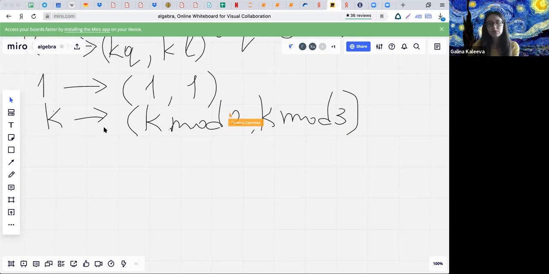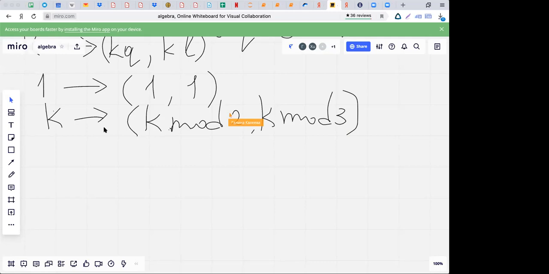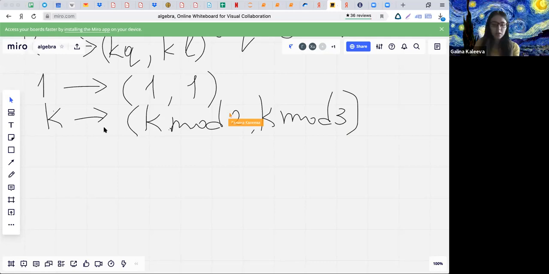I should build the inverse homomorphism for this homomorphism. So how can we act in this particular case? Every k from Z6 goes to (k modulo 2, k modulo 3). How can I find the inverse elements?